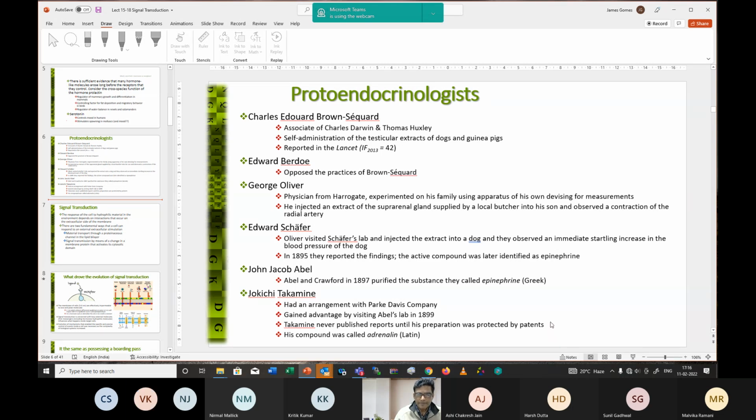So just a question here. Did he patent adrenaline or did he patent the procedure which he used to manufacture it? I think both, because that was early enough. I don't know, I have not looked at the patent really for this one.